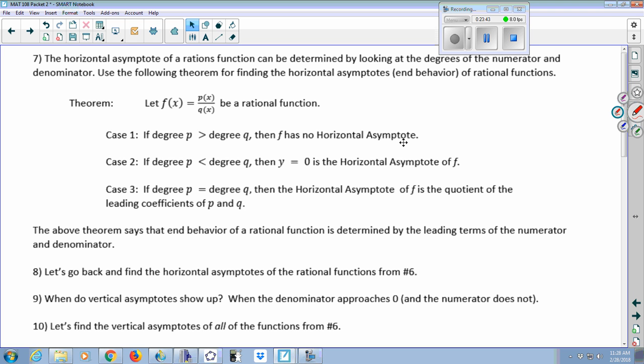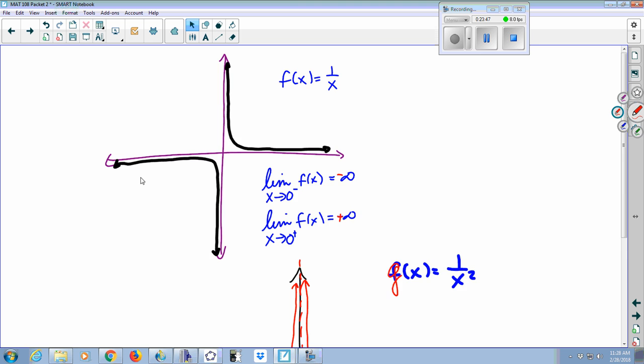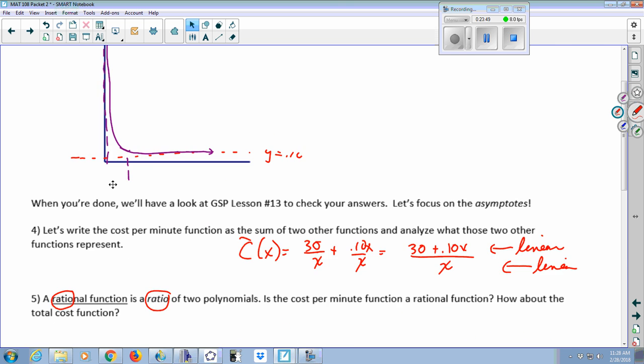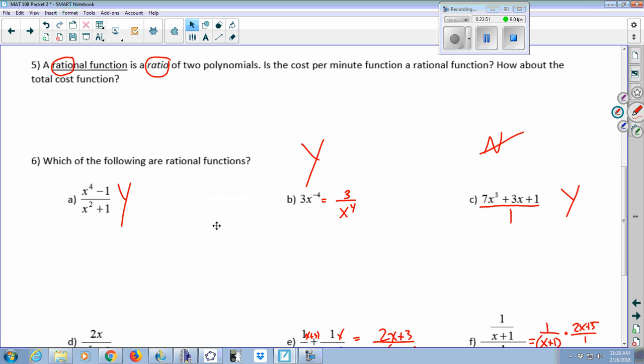So if we have this first problem here, x to the 4th, if we turn this into a function notation, and we ask, does this have a horizontal asymptote? When x is a billion or a negative a billion, we don't care about that -1 and the +1. And this would simplify to what if we use our exponent properties?